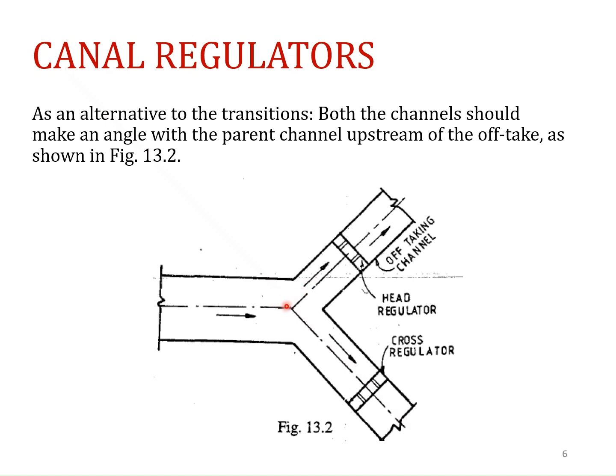In a similar arrangement, the off-taking canal moves in one direction and the remaining parent canal moves in the other direction, and again there is a cross regulator on the parent canal and the head regulator on the off-taking canal. You can see that the width of the parent canal is more, and after some water is taken off, the width of the parent canal reduces.